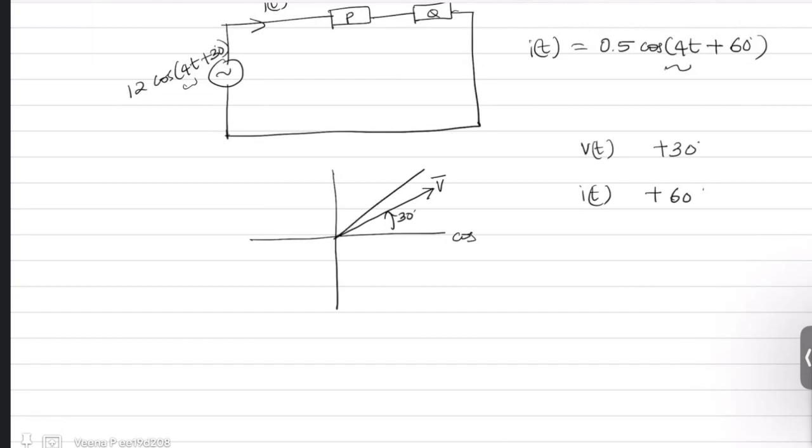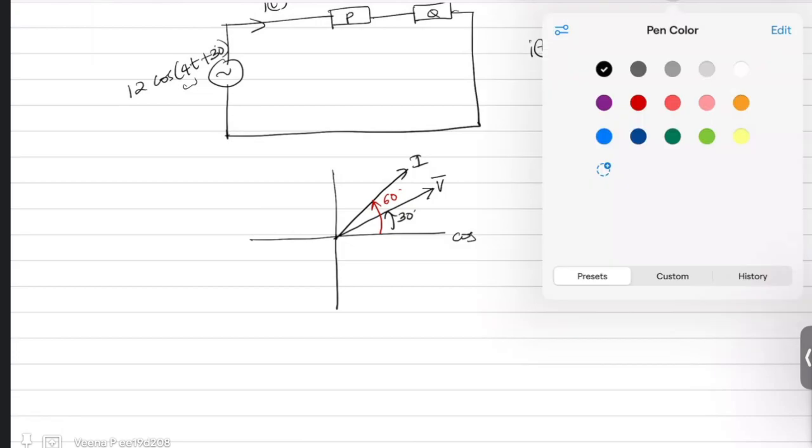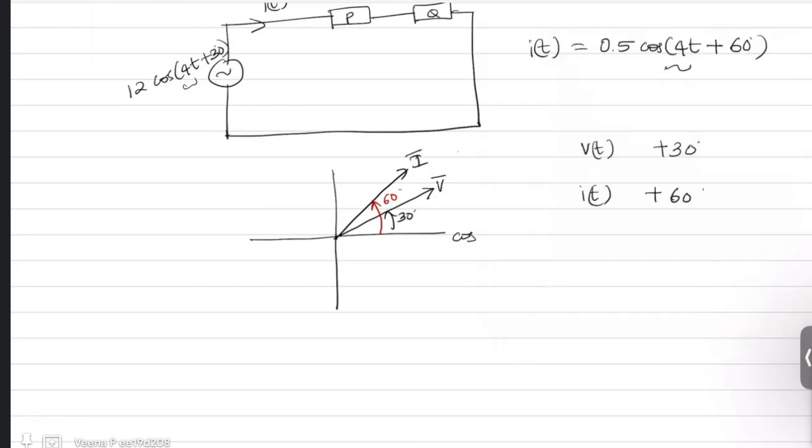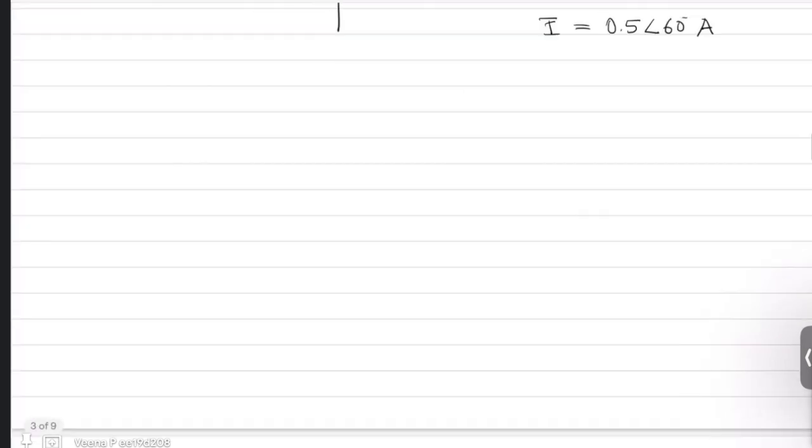So your current is somewhere here, which is 60 degree anti-clockwise direction. So I can represent the voltage as the magnitude 12 angle 30 degree volts and the current as 0.5 angle 60 degree ampere.